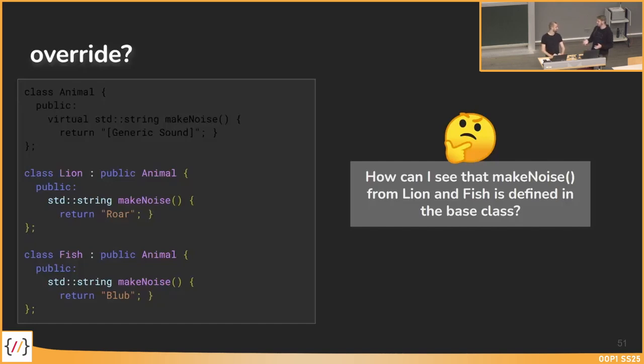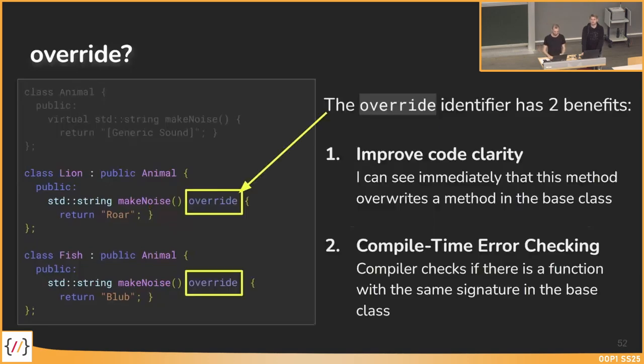For one method it would be okay, but for 10 or 100, I want to have this make noise marked somehow as another definition of a method that is already in the base class. And we can do this with this override.